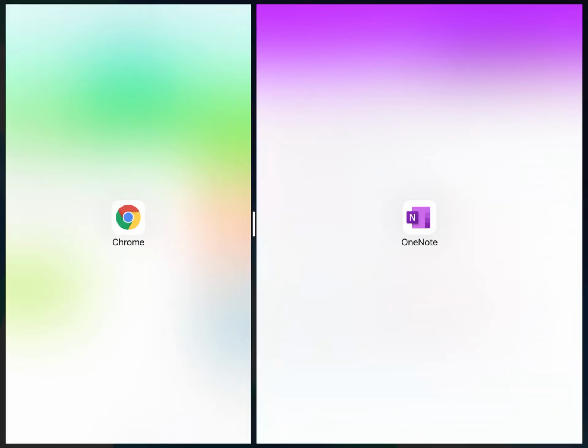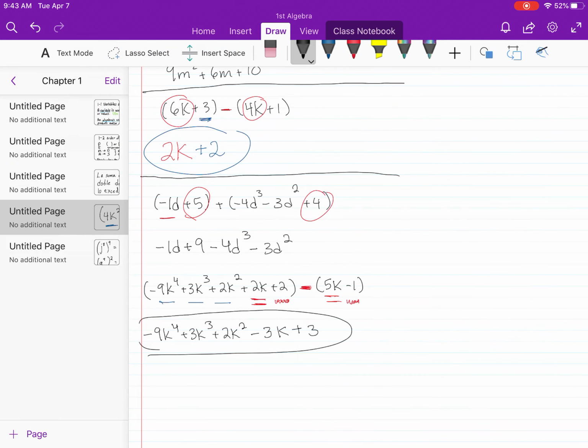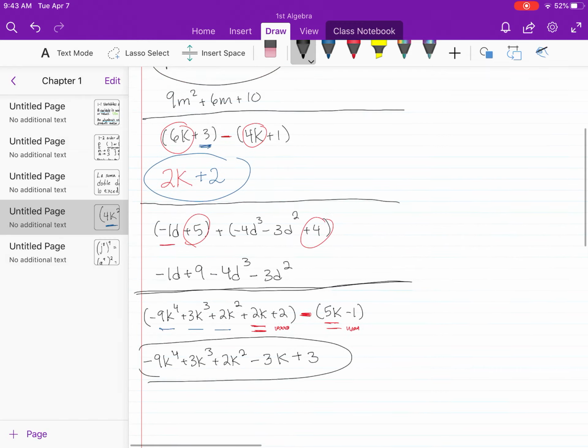So I'm going to go ahead and show you the notes again, so if you need to look at them. I have the examples here. You can pause the video so that you can look at these examples. Okay.